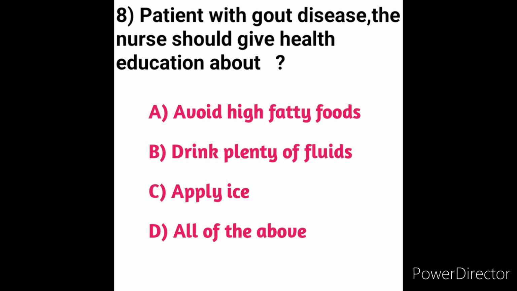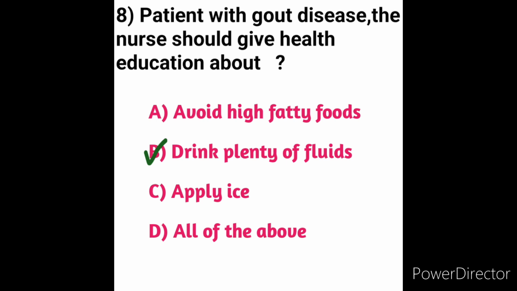Maintaining a balanced diet low in uric acid, keeping uric acid levels below 6 mg per dl, helps to reduce the chance of having gout attacks, and especially regarding liquids, advise to drink plenty of fluids at regular intervals. So here, for the patient with gout disease, the nurse should give health education about drinking plenty of fluids. So option B is the correct answer here.